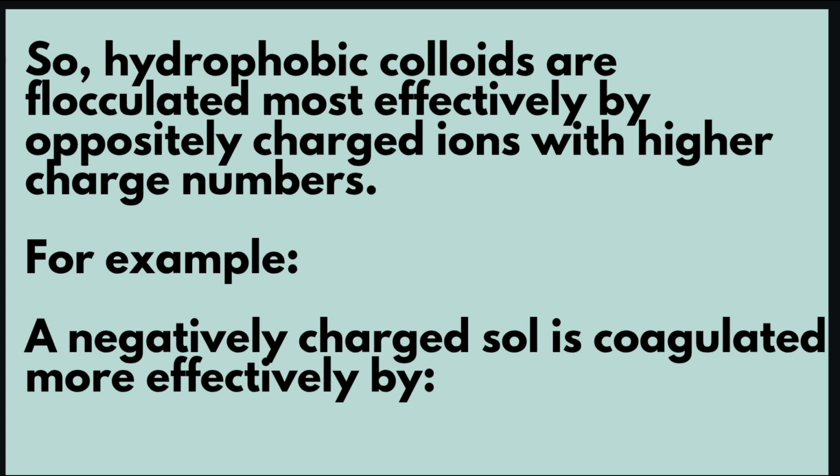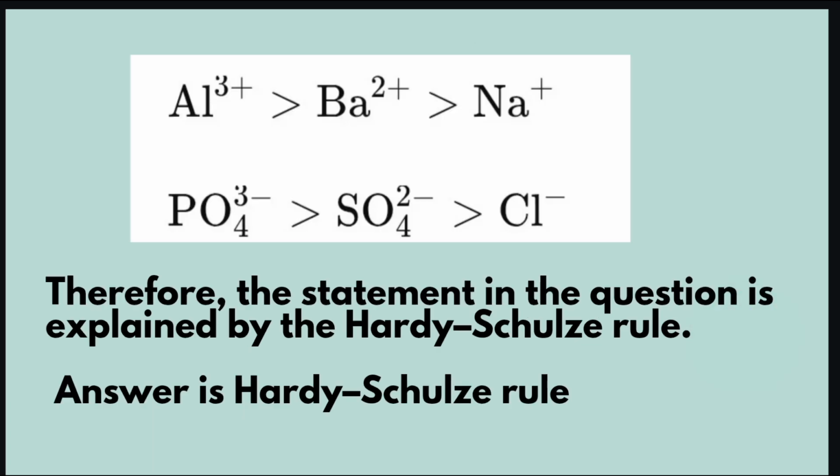For example, a negatively charged sol is coagulated more effectively by Al3+ > Ba2+ > Na+, and a positively charged sol by PO4 3- > SO4 2- > Cl-. Therefore, the statement in the question is explained by the Hardy-Schulze rule. So option C is the correct one.